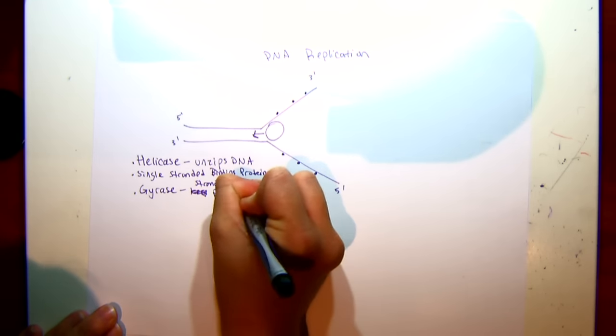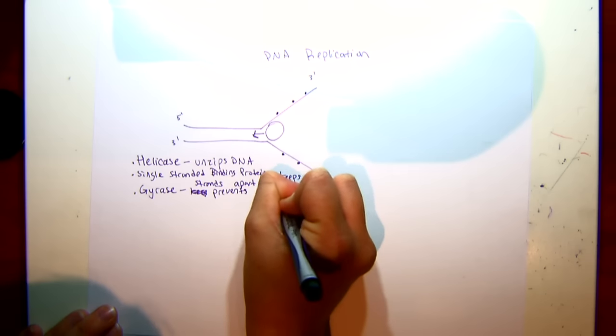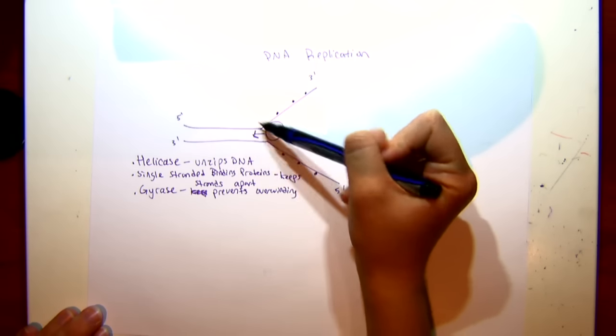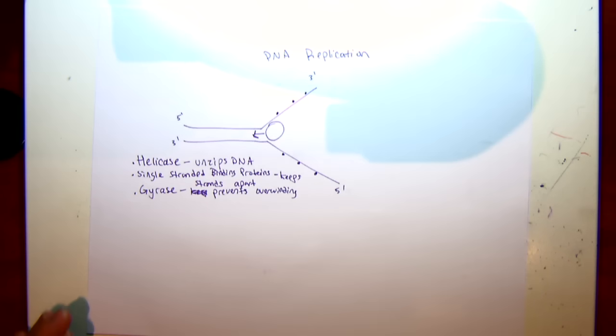Yeah, it prevents overwinding. So it's going to be somewhere around here, and it's just going to make sure that when helicase pulls the strands apart, it's not creating tension down the strand. Because remember, although I draw it linear, our DNA is all coiled up because it's a double helix.